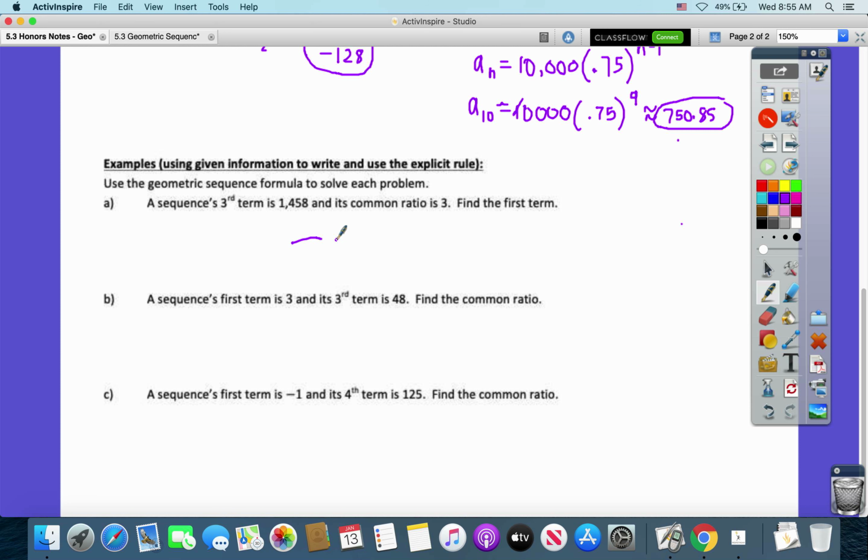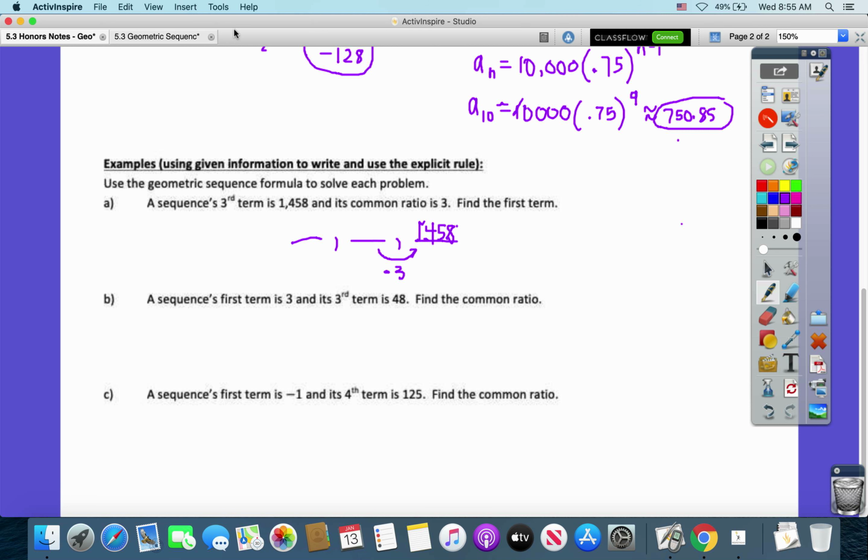So we can just think of this as working backwards. We know our third term is 1,458. And if we're multiplying by 3 every time, then we need to work backwards and divide by 3. So what number times 3 is 1458?